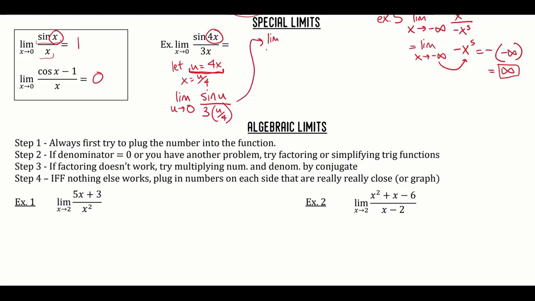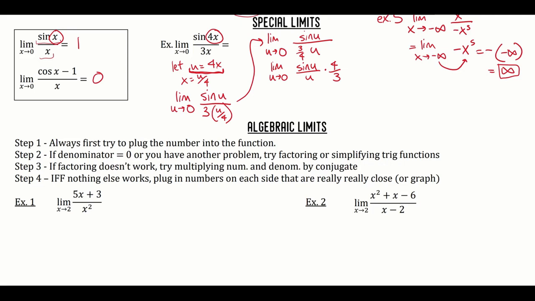That's the limit as u approaches 0 of sine of u over 3/4 u. That's the limit as u approaches 0 of sine of u over u, and then instead of dividing by 3/4, that's the same thing as multiplying by 4/3, right? Instead of dividing by a fraction, you can multiply by its reciprocal.